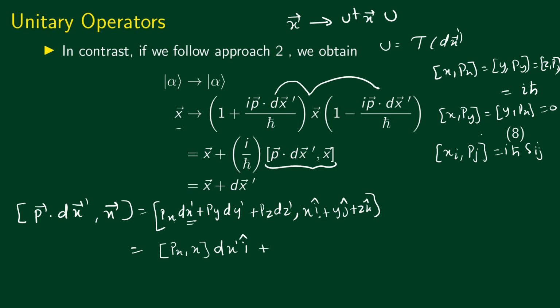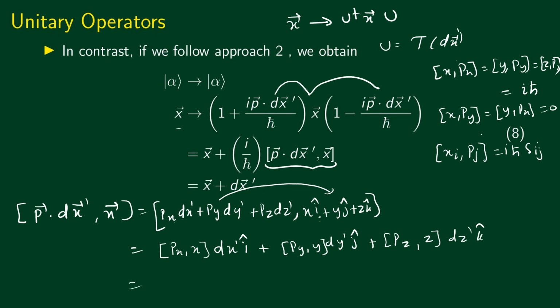Plus, all other combinations of px with the terms here are zero: px with y is zero, px with z is also zero. So the next non-zero term is the commutator of py with y, and then we have dy prime j hat, plus the next non-zero term, the commutator of pz operator with z, and then multiplied by dz prime k hat.